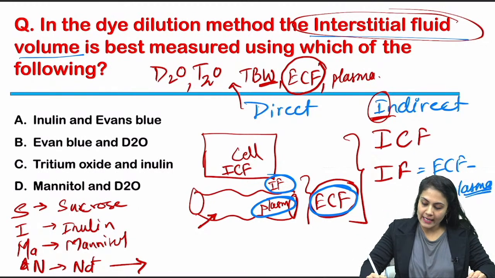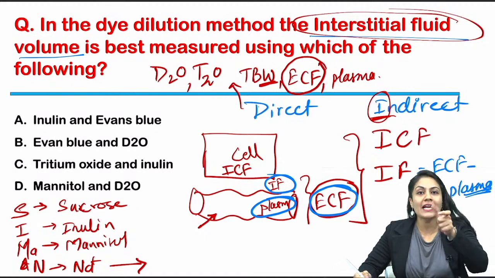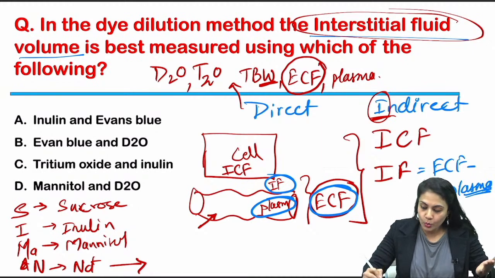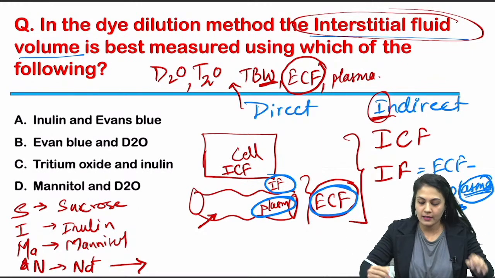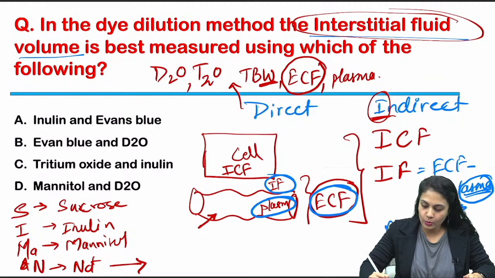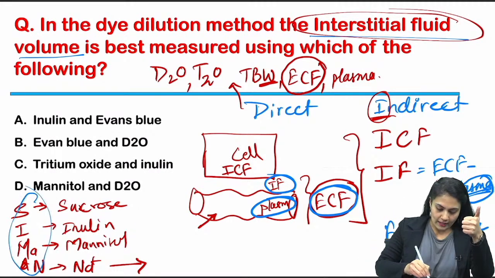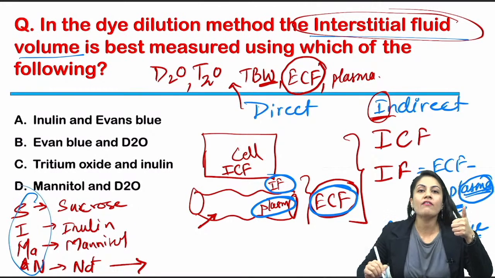Plasma, very easy mnemonic. In the plasma, what is coming? Asthma. Asthma means sky, it is blue. So please remember asthma, plasma: Evans blue dye. So I need one thing from SIMON and I need Evans blue dye.